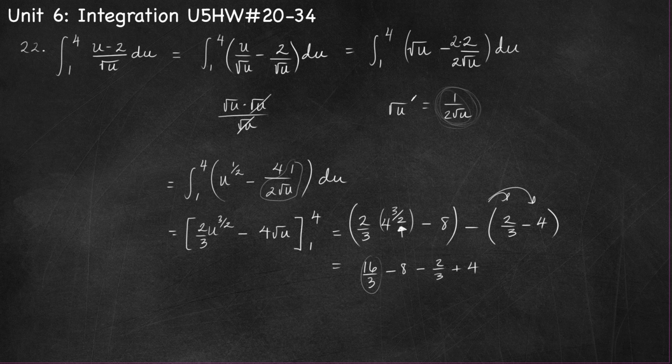Okay, the 16/3 minus 2/3 is 14/3. So I have 14/3, and then minus 8 plus 4 is minus 4. So I'm thinking of that as 14/3 minus 12/3, which is just 2/3. Final answer, 2/3.